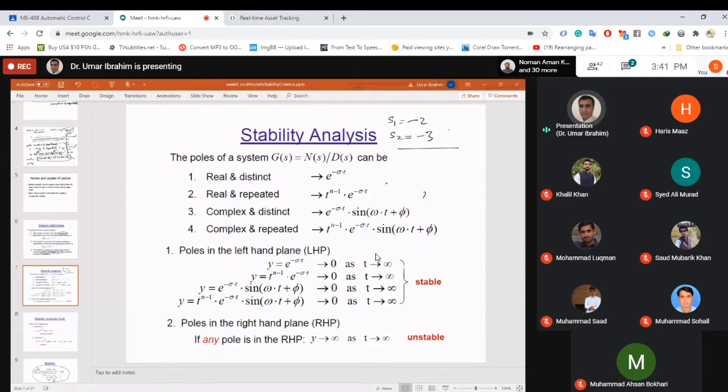Okay. So if the poles are in the left-hand plane, for real, you should read this yourself. I've explained it. This is the mathematics of what I've explained to you. If the poles are in the left-hand plane, it is stable. If the poles are in the right-hand plane, they are unstable.